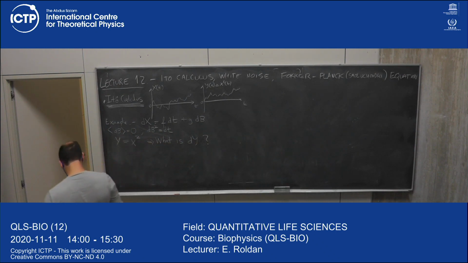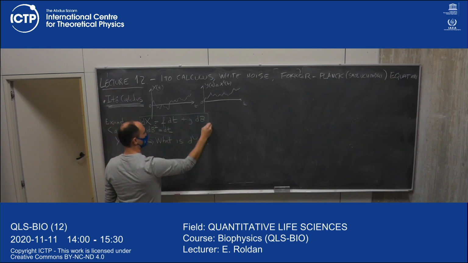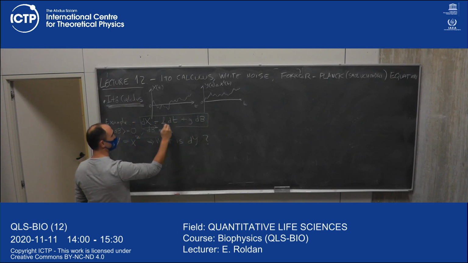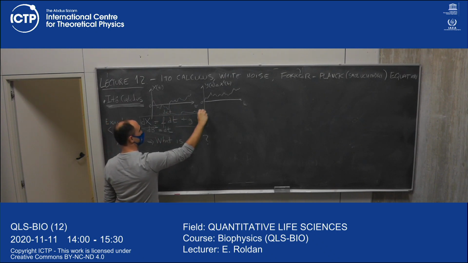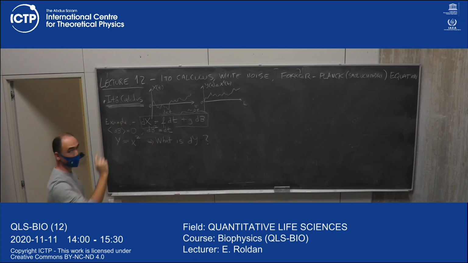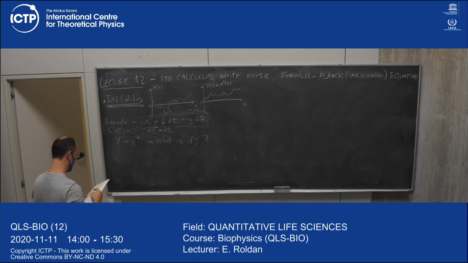I'll show you. Okay, so my goal is to have an equation similar to this, in which I have a deterministic part and a noisy part, but for the process y. So let me go step by step. What is dy?